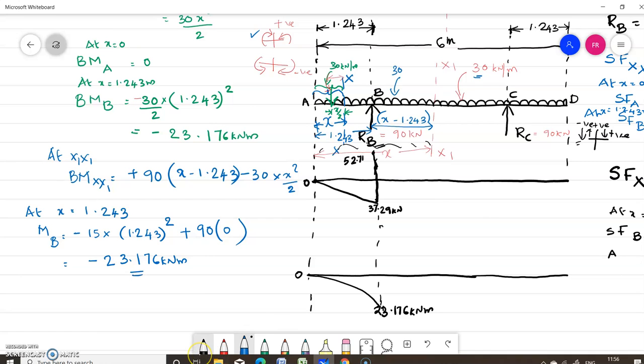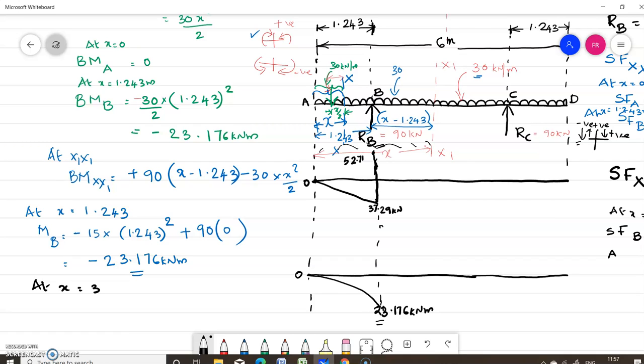So we can draw the bending moment diagram. And this value is same as what we have got in the previous case. So now we can find out what is the bending moment at x equal to 3 meter.